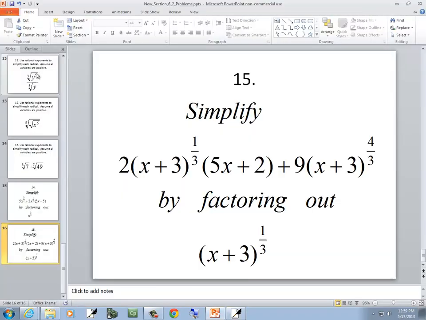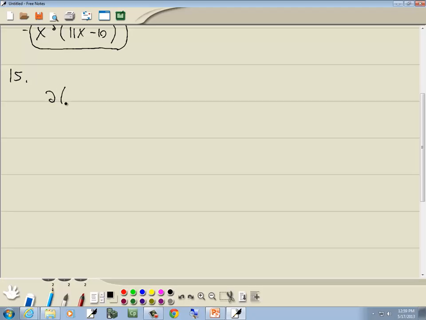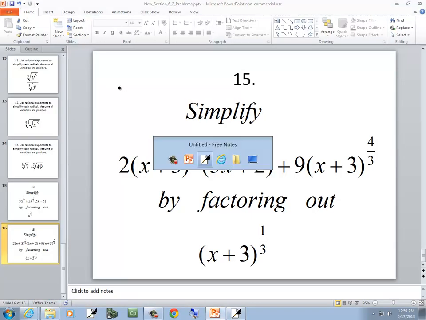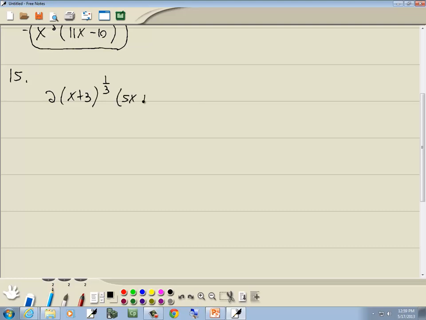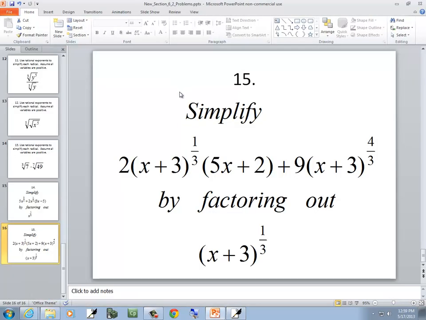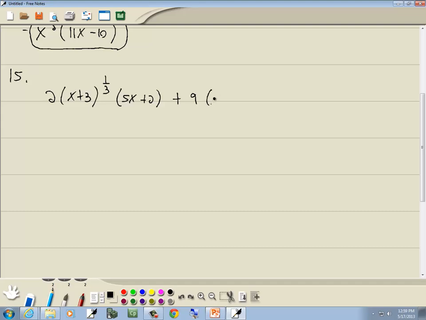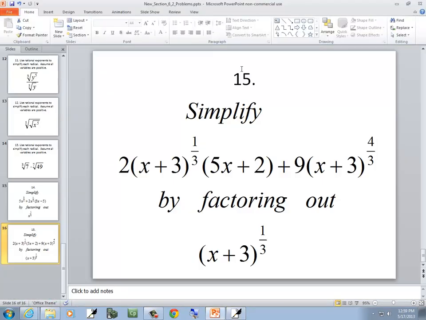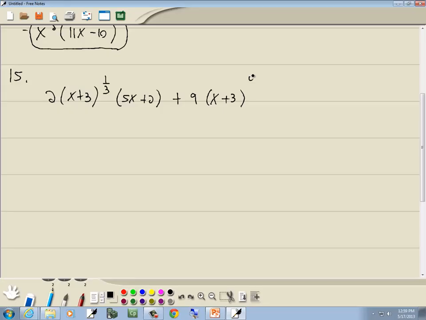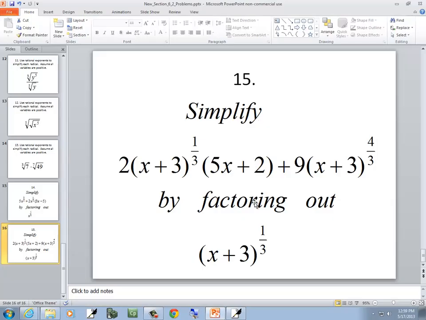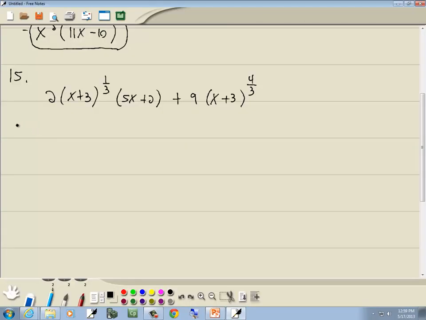Okay, so let's take a look at another one of those. We've got 2 times x plus 3 to the 1/3, times 5x plus 2, plus 9 times x plus 3 to the 4/3. And it says factor out x plus 3 to the 1/3.